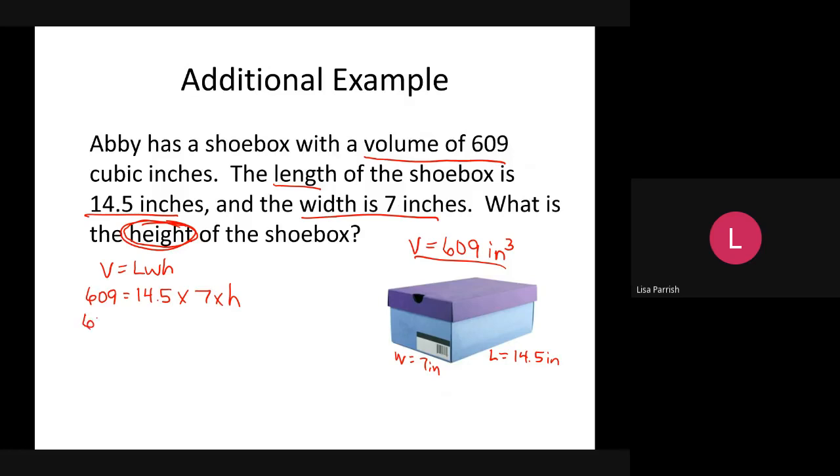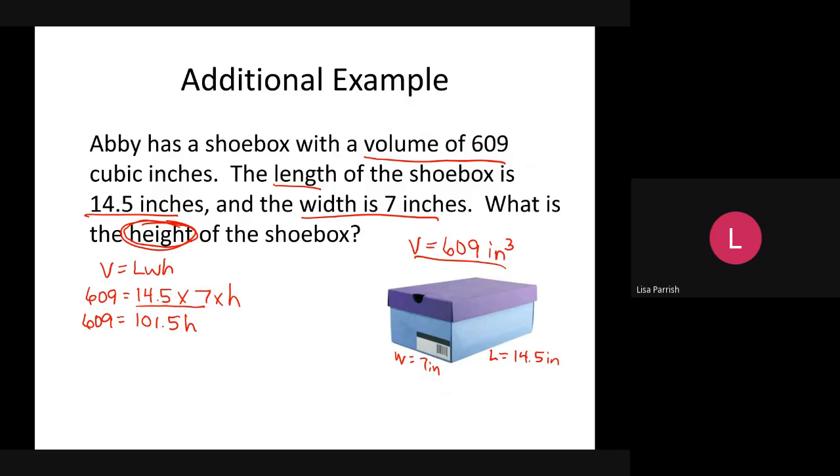So let's start solving. Remember the first thing we're going to do is multiply these two numbers. So I've got 14.5 times 7. If you type that in on your calculator, you should get 101.5 times h.